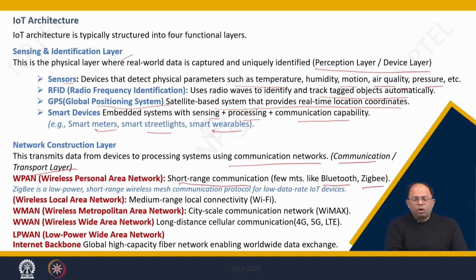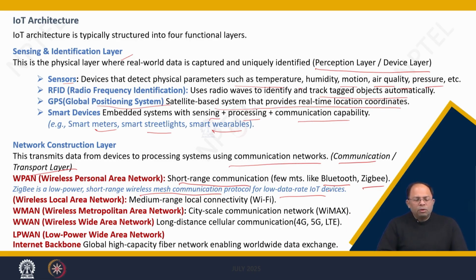Zigbee is a short range wireless mesh communication protocol for low data rate IoT devices. Several Zigbee units talk wirelessly amongst themselves, first communicating between each other, and then they can send the information up to the server.